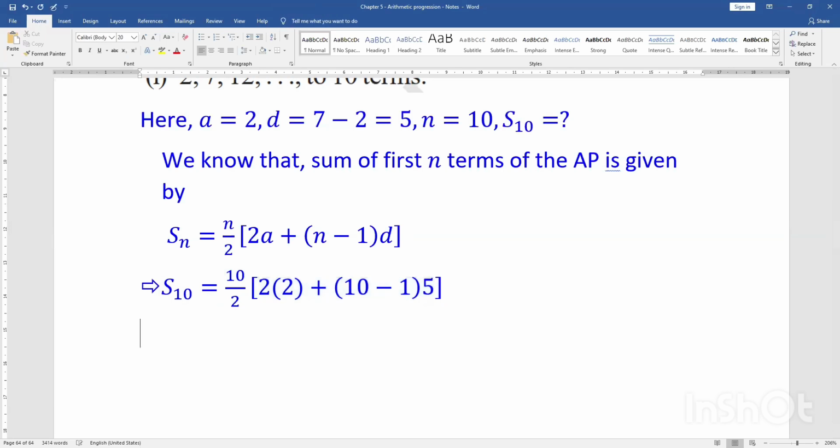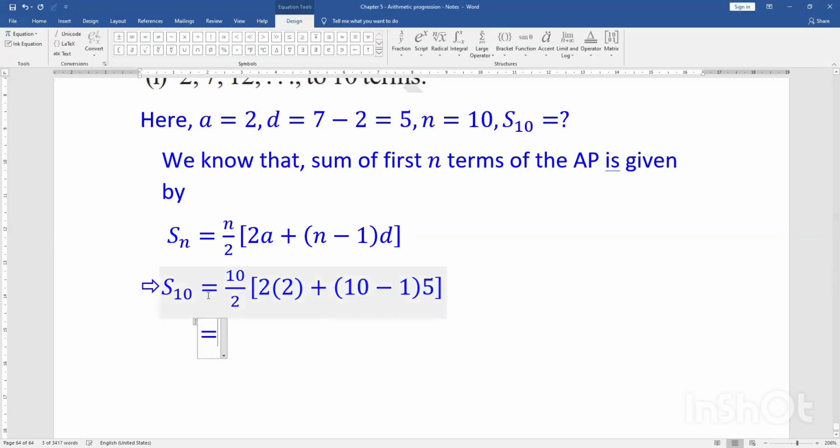Next step. So here, what is 10 by 2? That is 5, correct? So then in the bracket, I'm going to write 2 twos are 4, right? 4 plus 10 minus 1 is 9 into 5, right? 9 into 5.